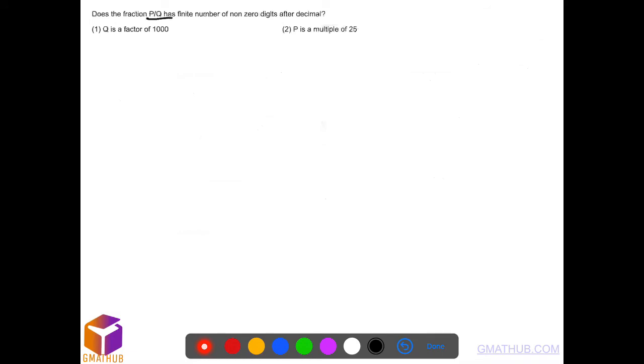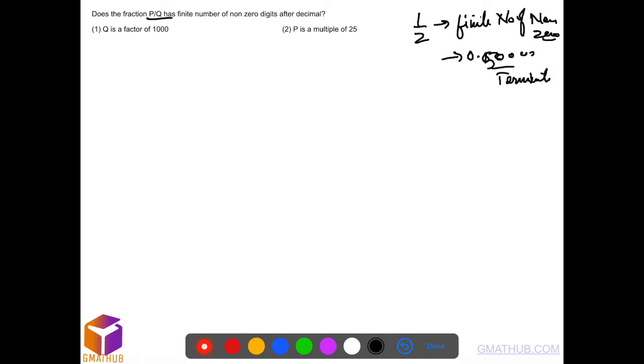So, fraction P by Q. Now if you take a fraction like 1 by 2, it will have a finite number of non-zero digits after the decimal, like 0.5 and then 000. I mean it'll terminate somewhere. In the same way 1 by 5 will also terminate.